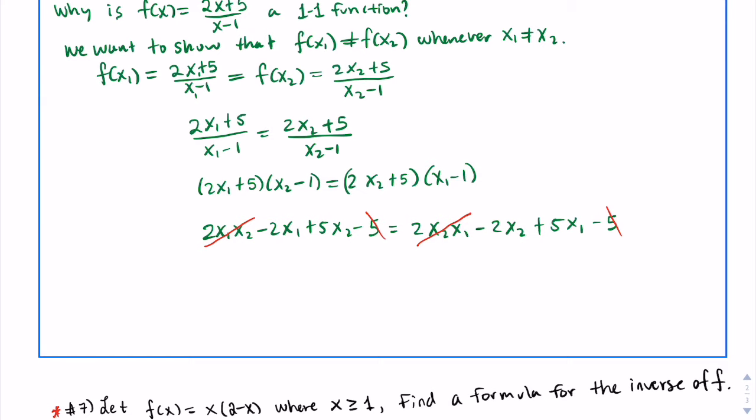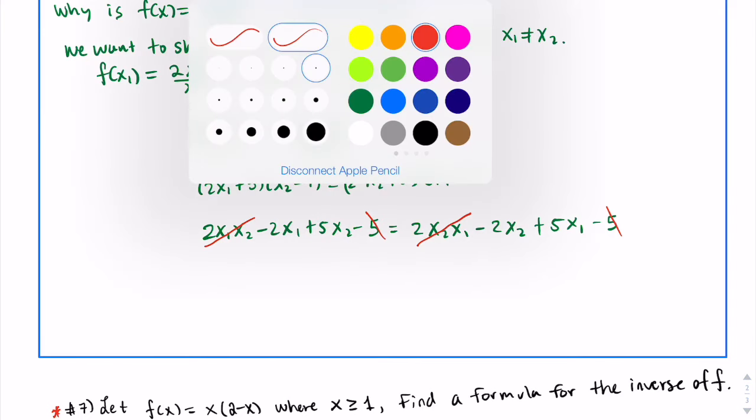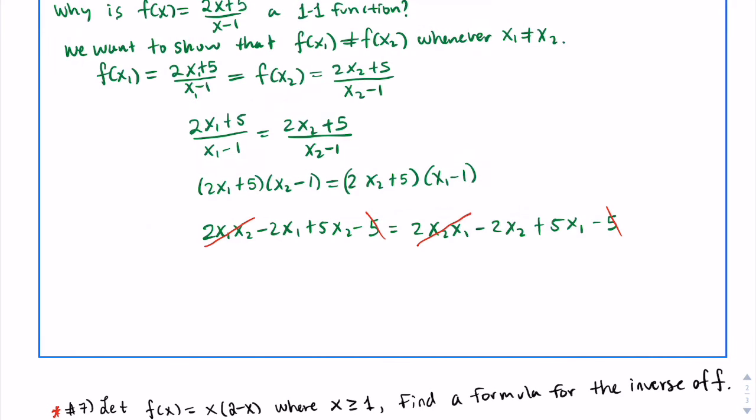Negative 2x1 plus 5x2 is equal to negative 2x2 plus 5x1. So let's group these together. Let me add 2x2 on both sides. So I'm going to have 2x2 minus 2x1. All I did was move the negative 2x2 from the right to the left. And what am I going to do with the 5x2 on the left side?